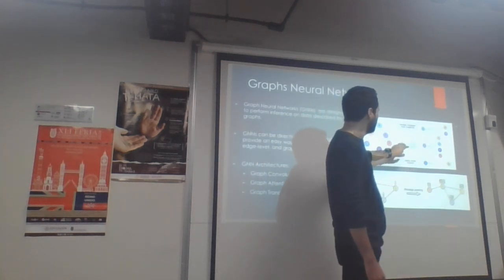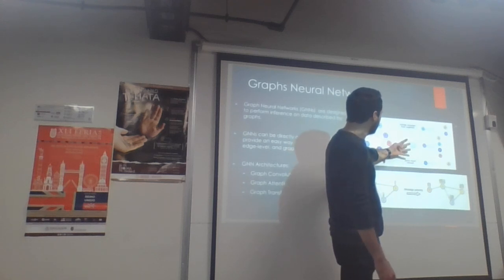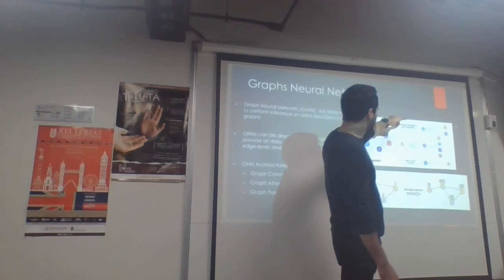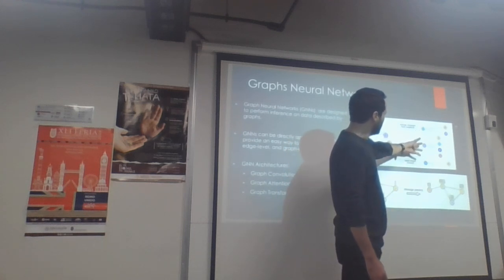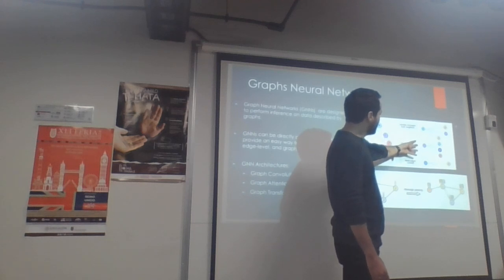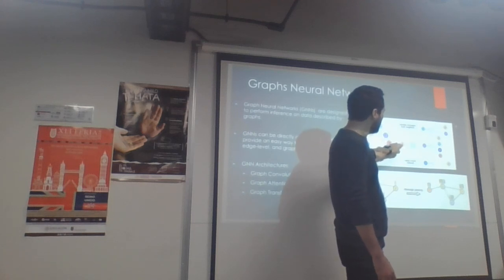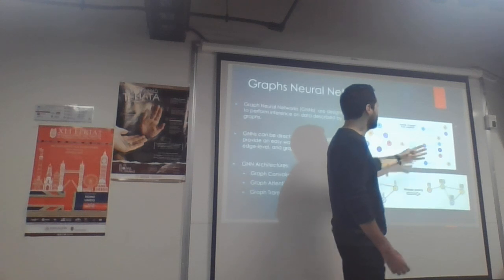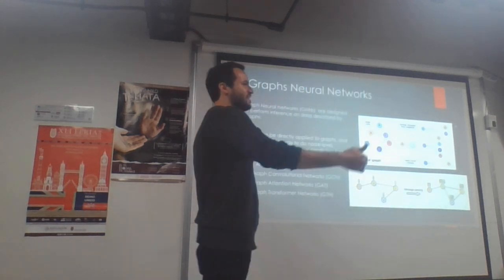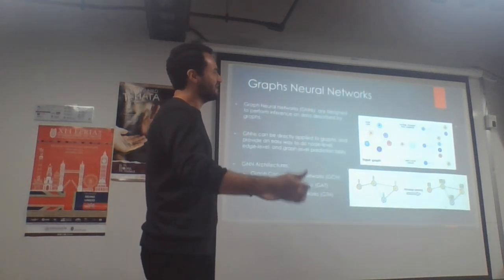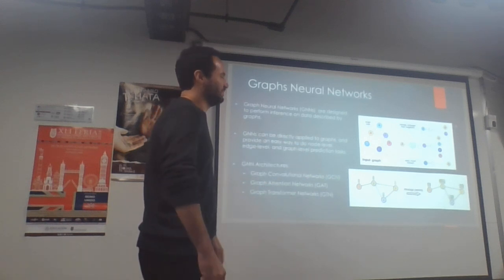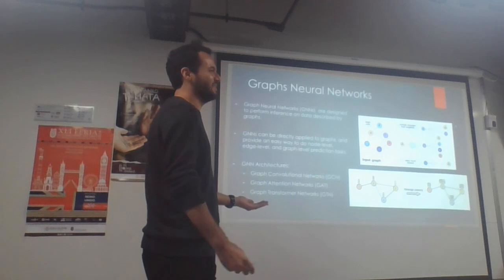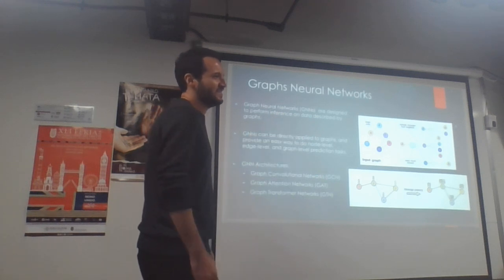I'm going to pick node A and take its neighbors, in this case B, C, D, obtain the features of these neighbors, and update the features of this node with information from the neighbors. So I obtain a different representation based on the structure of the graph, and the idea is that it will give better learned features, I think.